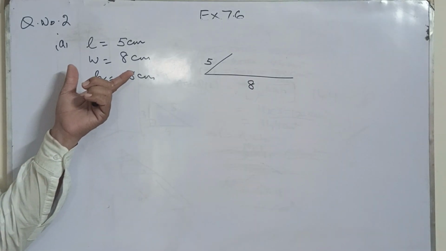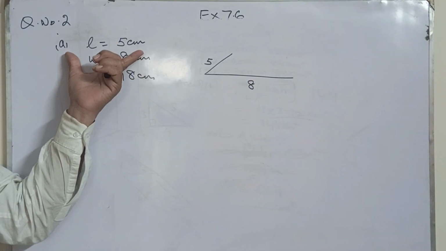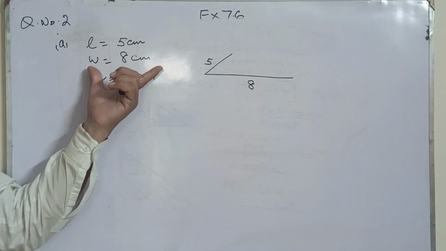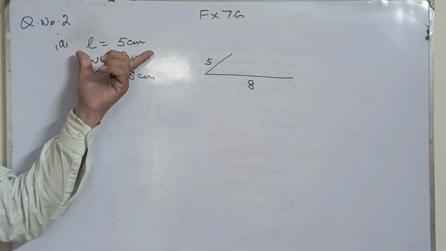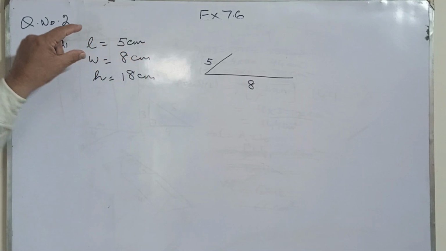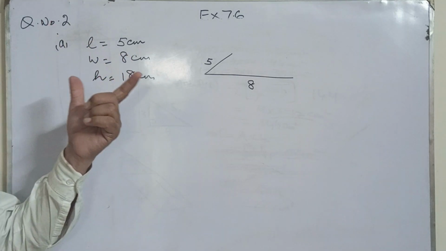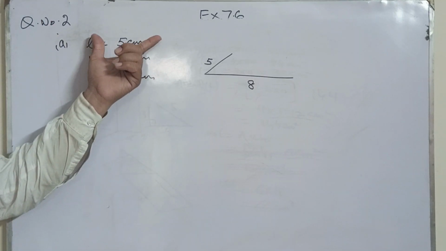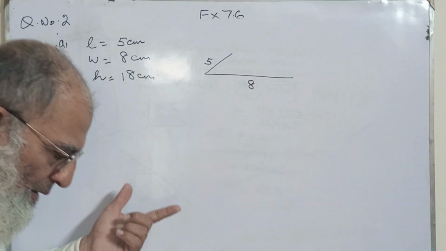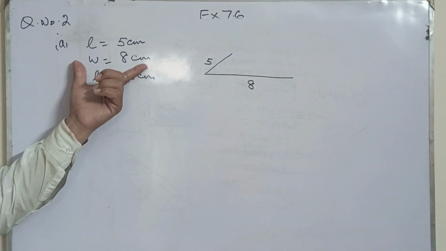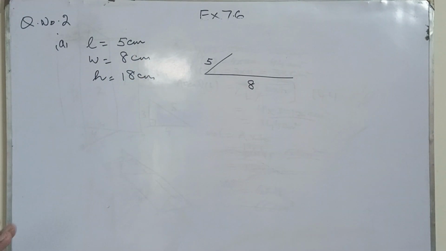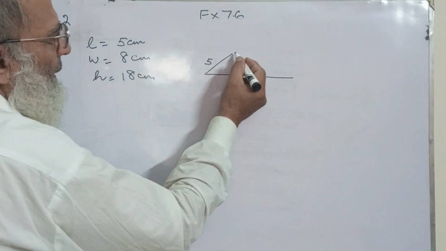In general practice, width is lesser than the length, though both are lengths. But here in your book, width is more. No matter, it doesn't make any difference.